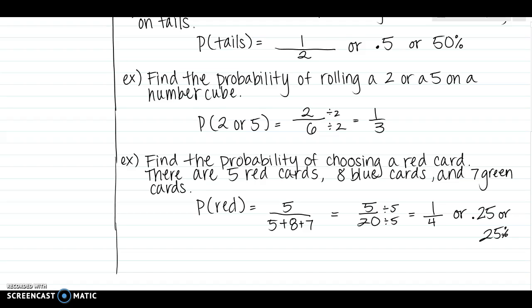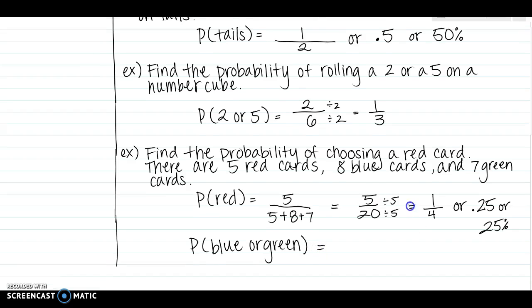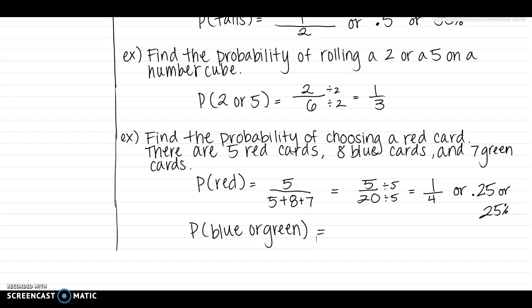So maybe if this was a game and you were betting somebody or trying to win, and your option was to either pick red cards or to pick blue and green cards, you would probably want to go with blue and green because those are going to have higher probabilities. The probability, therefore, of choosing blue or green would be 100% minus whatever my probability of red is. Okay, so my probability of blue or green, I don't even really have to do a whole lot of math, would be 75%.